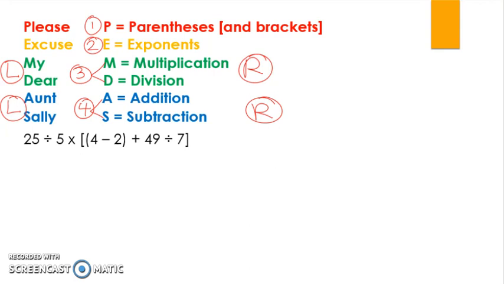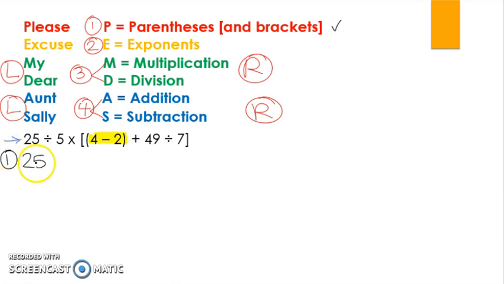So here's an expression, boy oh boy, and I wonder how we're going to solve it. Well, first we need to look for the innermost bracket or parentheses. Where is it? I see it. Right here, 4 minus 2. So the best thing to do is to do this in steps.